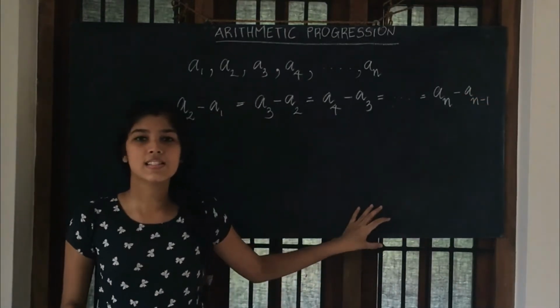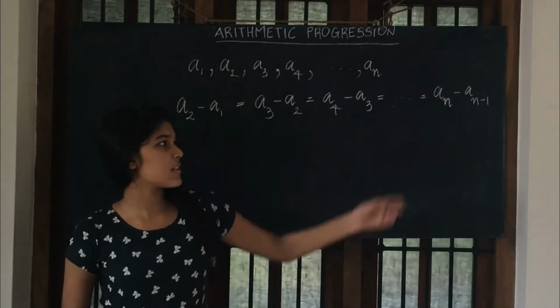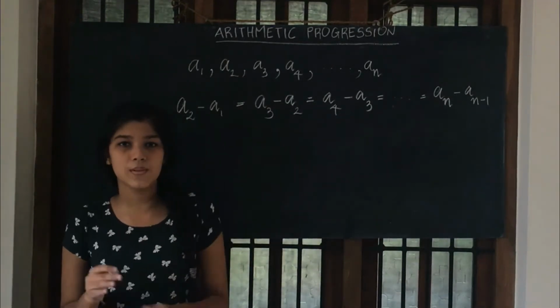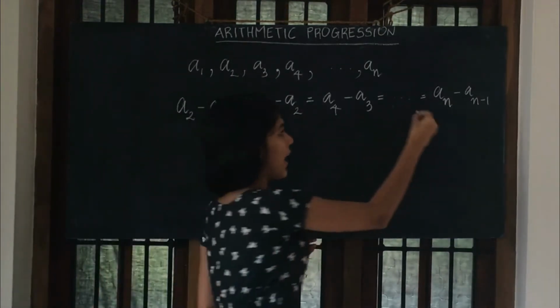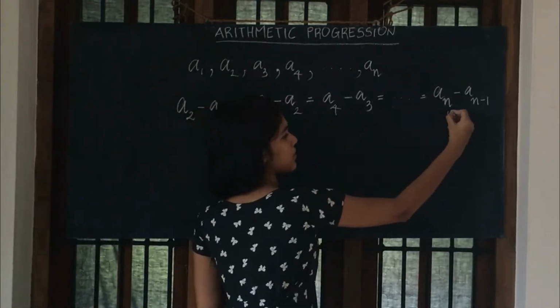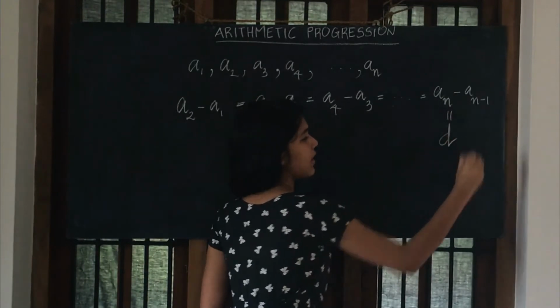If an is considered as the nth term of an AP, then the n minus 1th term will be the term that lies just before the nth term, and these will be equal to the common difference d.